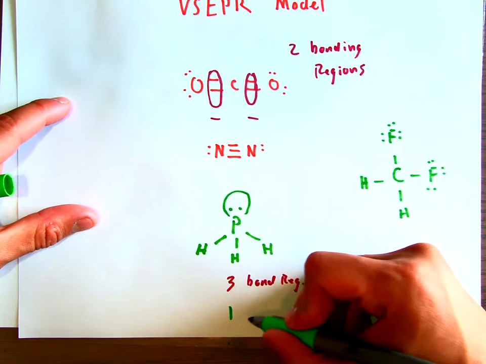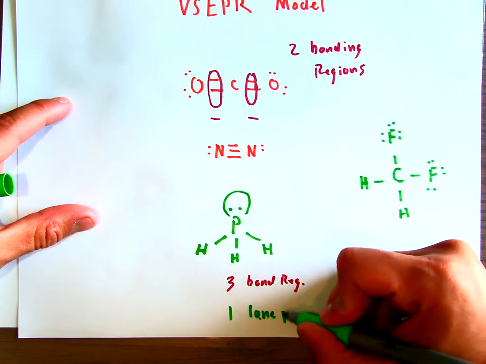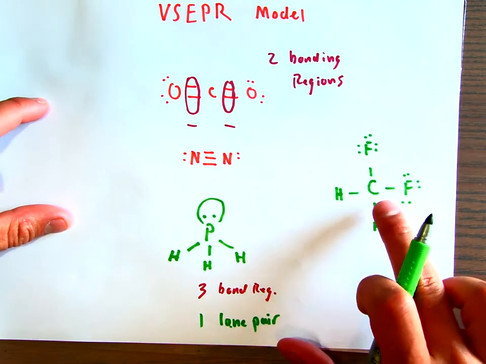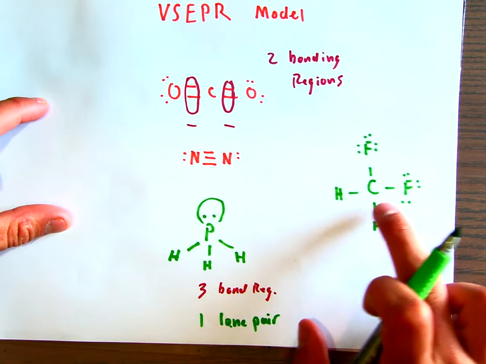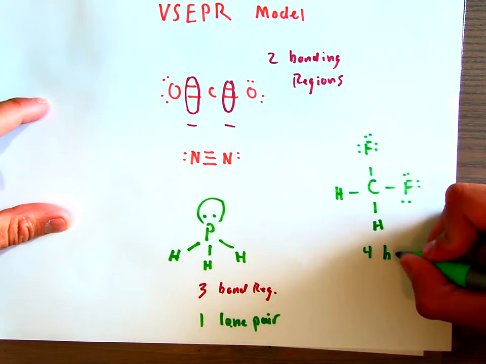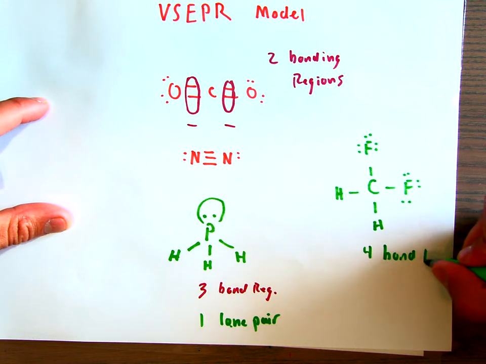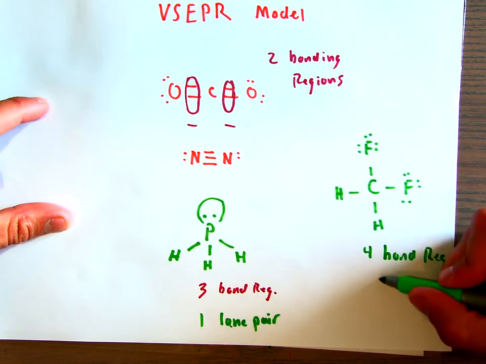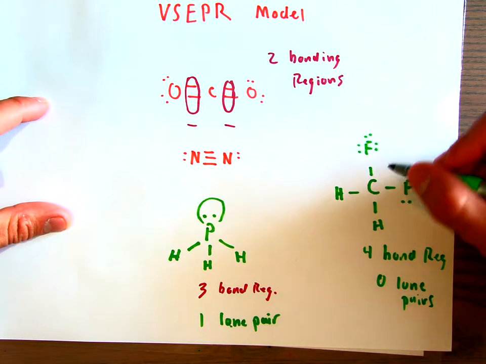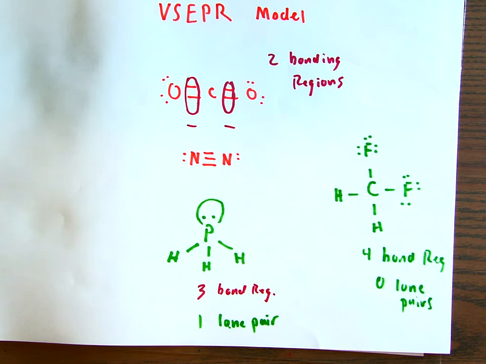If we look at this example, around the center atom we have 1, 2, 3, 4 bond regions and 0 lone pairs around that center atom. So we're always looking at the center atom to figure out what type of shape it's going to form.